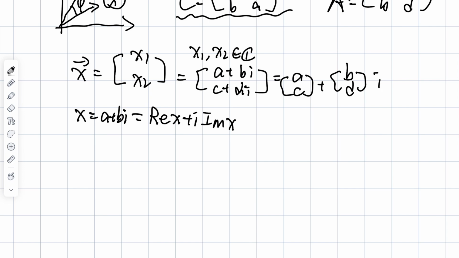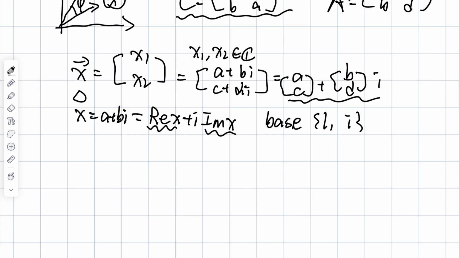So a very straightforward way to write a vector x into a real matrix is to use the basis 1 and i.